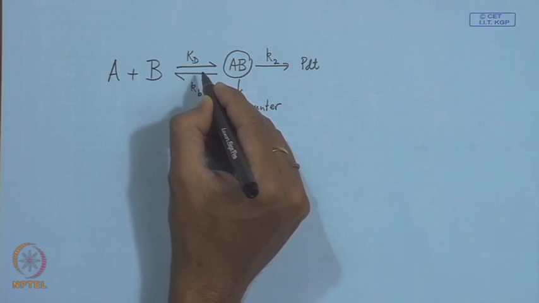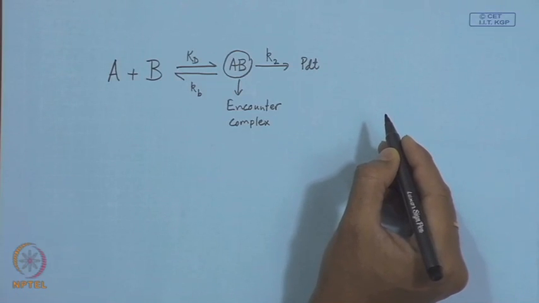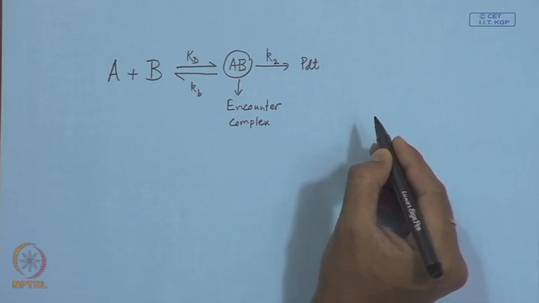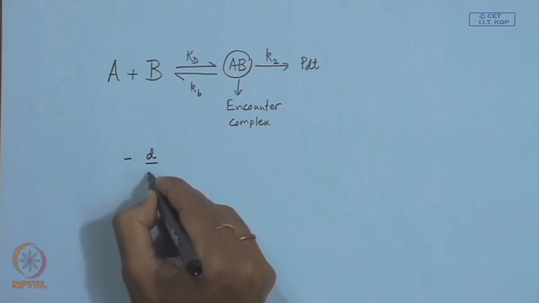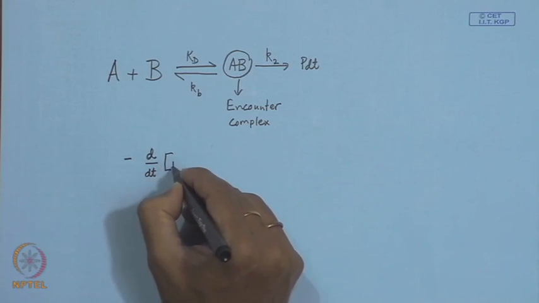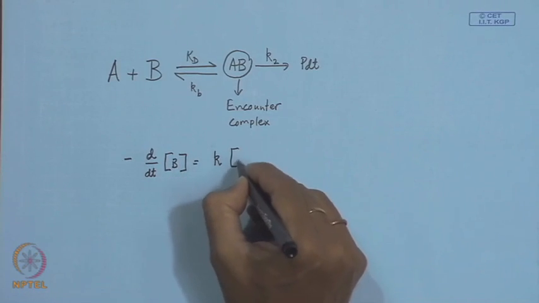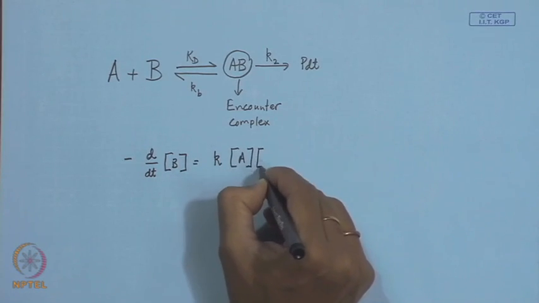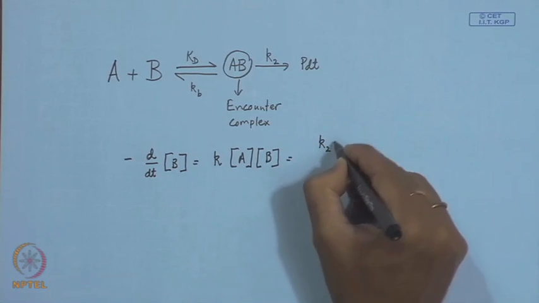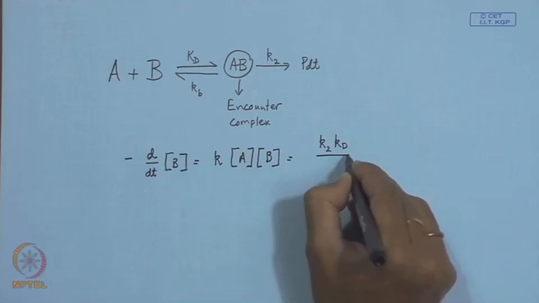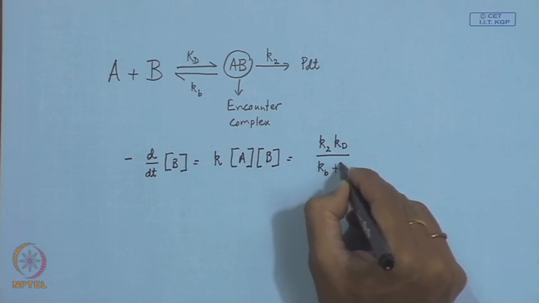If you apply a steady state treatment, then you end up with this rate law: minus d[B]/dt is equal to k[A][B], where k is equal to K2 Kd divided by Kb plus K2.